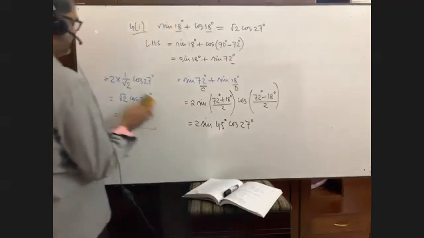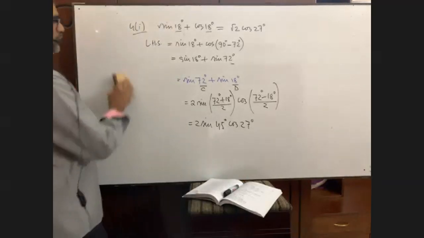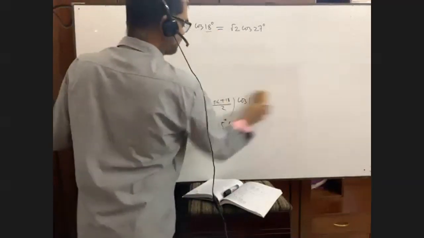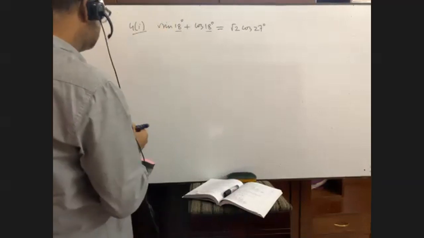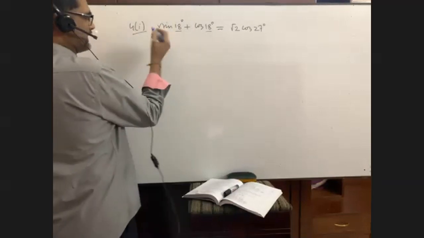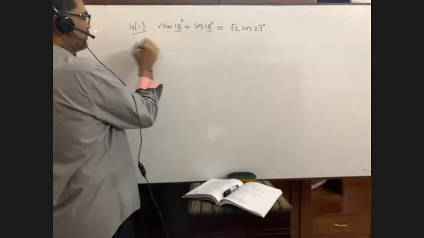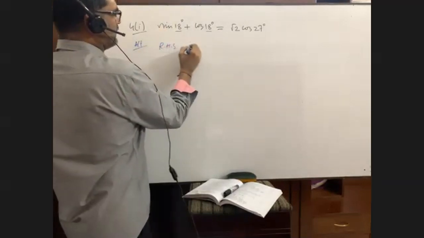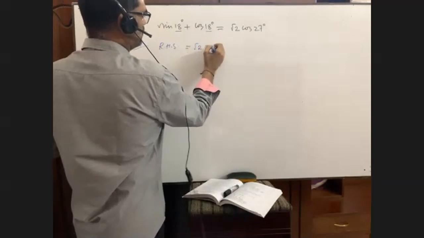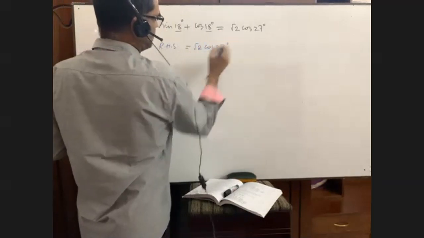Now, I am going to do this math in another way. All of you, please pay attention. Write down the alternative way. Right hand side is equal to root 2 cosine 27 degree.